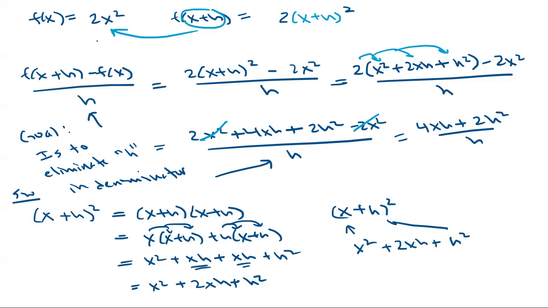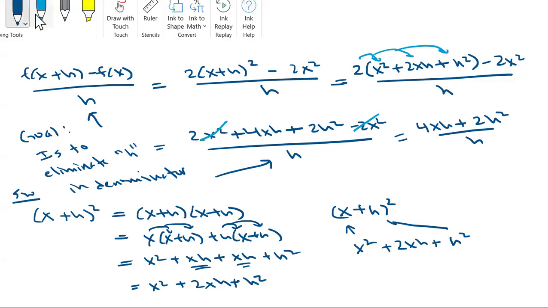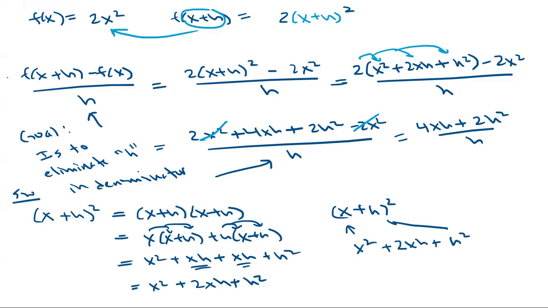So we're able to do that. All right? So we can factor out the h here. So we have equals h times 4x plus 2h divided by h. And then this h here is going to go away, leaving us with 4x plus 2h.